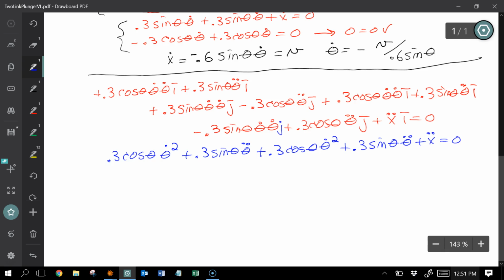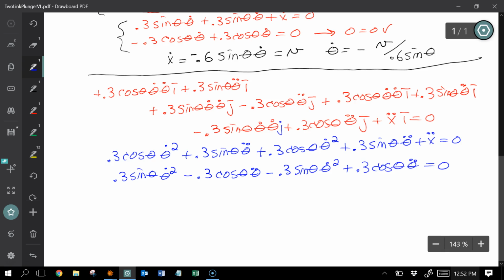Then you pull out the j's, so I have a 0.3 sine theta, theta dot squared. I have a minus 0.3 cosine theta, theta double dot. I have a minus 0.3 sine theta, theta dot squared. And I have a plus 0.3 cosine theta, theta double dot, equals 0.